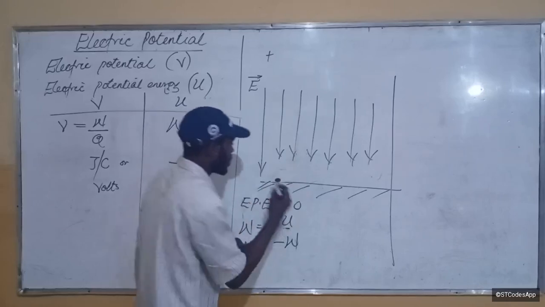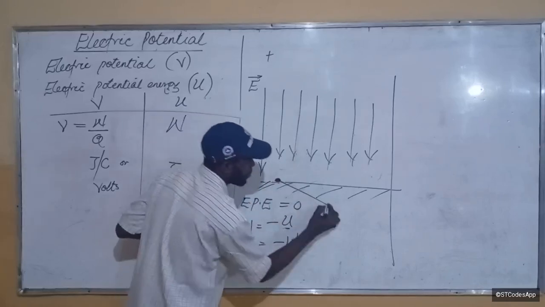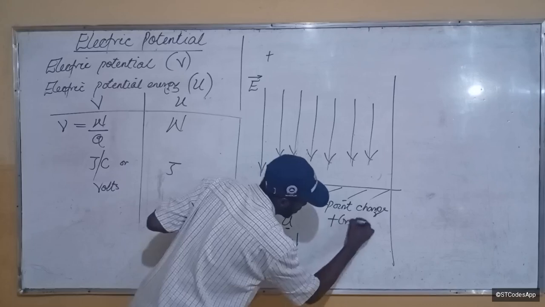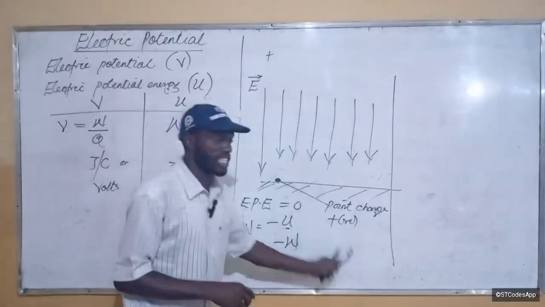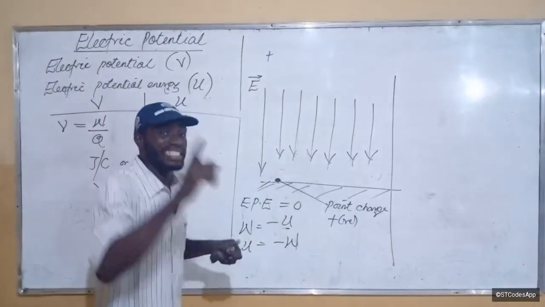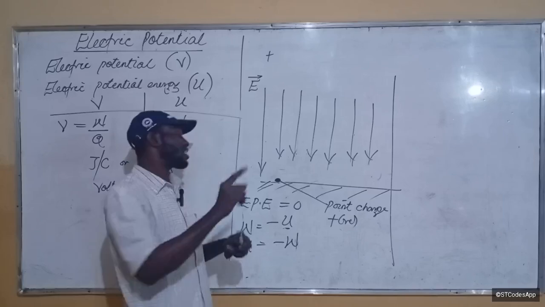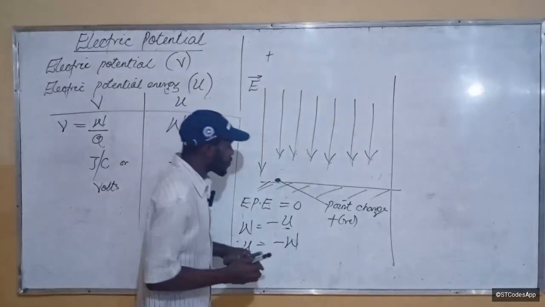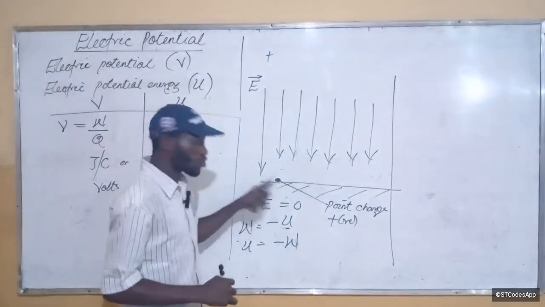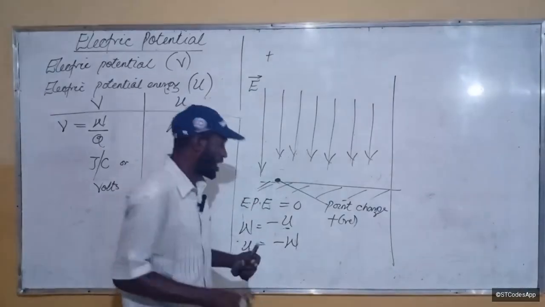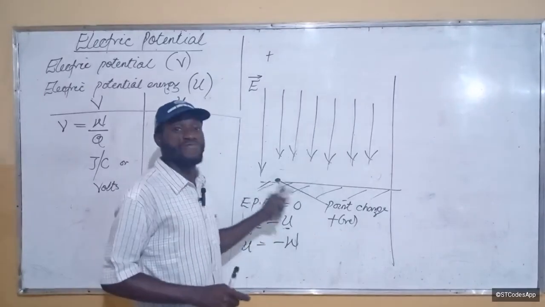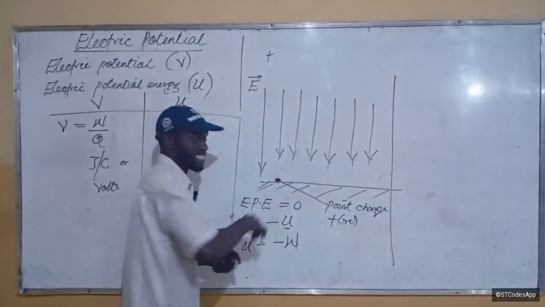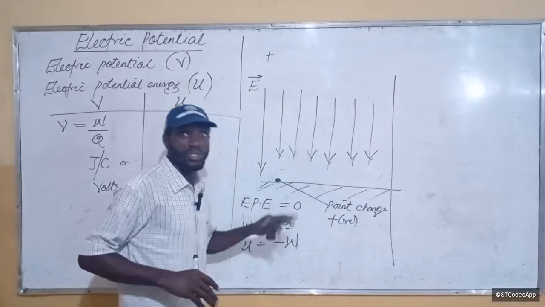If this point charge we have chosen is positive, it means the direction in which the field acts on this body is away from the charge. So for the electric potential energy stored in this charge to be 0, this charge has to be at infinity relative to this field. Exactly. When it is at infinity, the electric potential energy stored in it is 0.